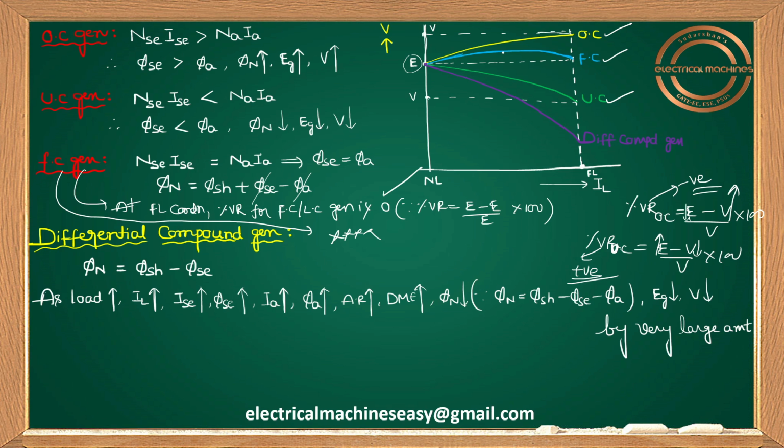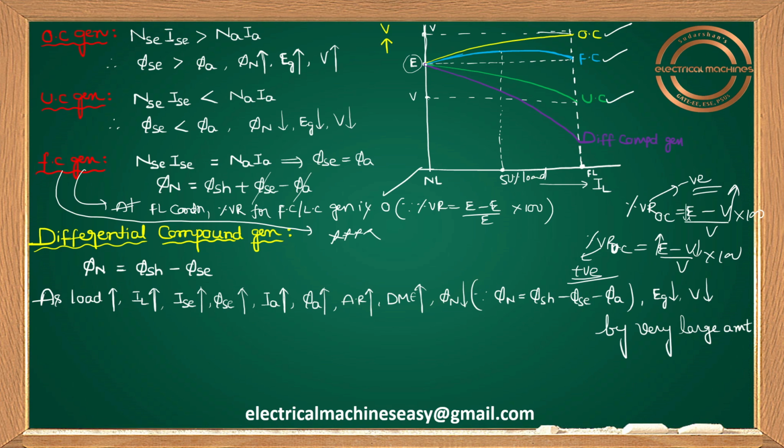Suppose they ask a question at a load other than full load, for example at 30%, 40%, 50%, 60% load. Let me take 50% load. What is the percentage voltage regulation for a flat compound or level compound generator at 50% load?